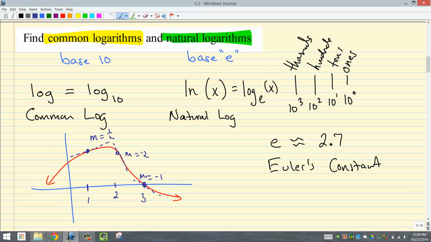The slope of this tangent line is called the derivative at the point, but this is what you're going to learn about in calculus, okay? All calculus is spent learning how to do a lot of this stuff. So it's important.